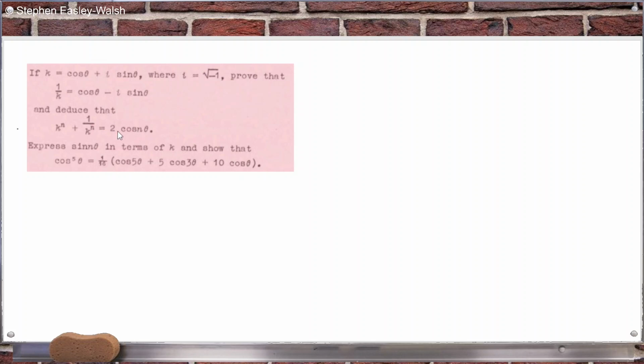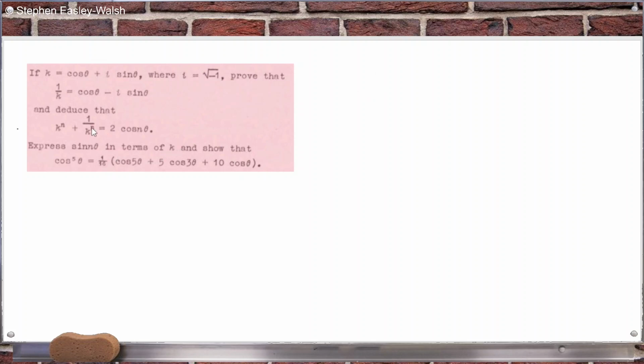So this formula here can help us because we could say n is 5, n is 3. Oh well, we have to do the sine part first, and then we can go on to this proof. Okay, so there's actually something in between here.